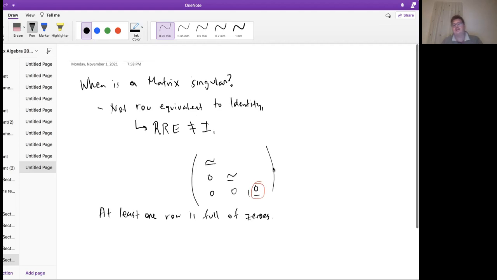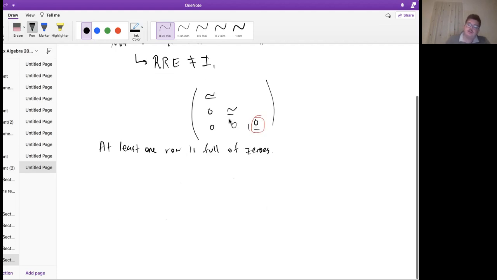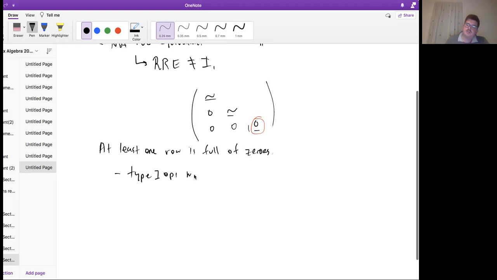So we just showed that row reduction keeps some property of the original matrix, the determinant of the original matrix, right? Type 1 operations multiply the determinant by -1. Type 2 operations multiply by a non-zero number.